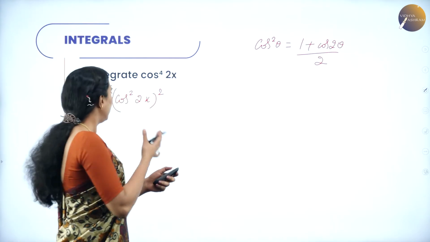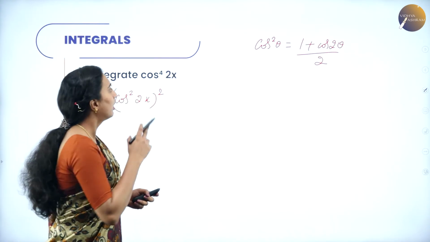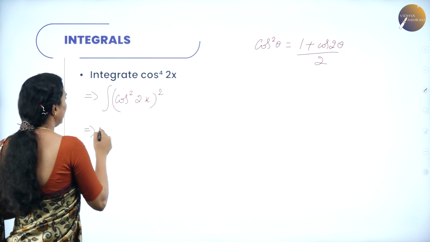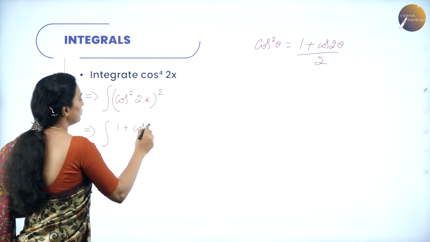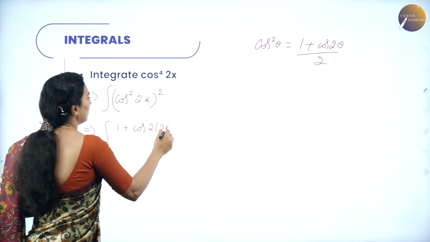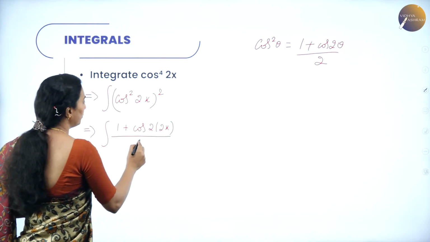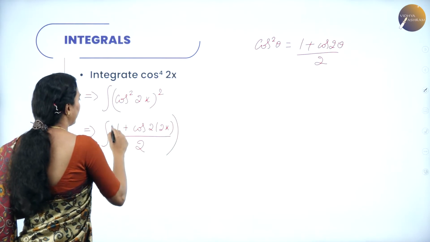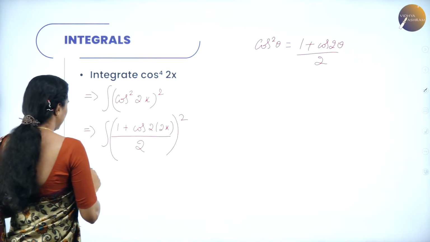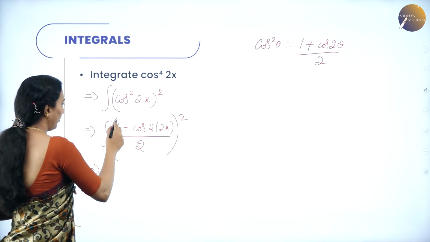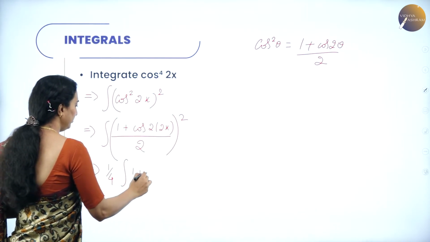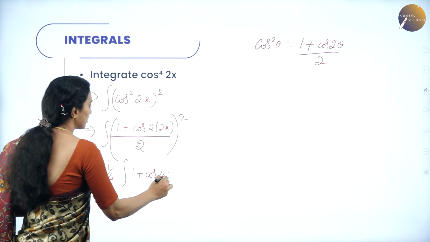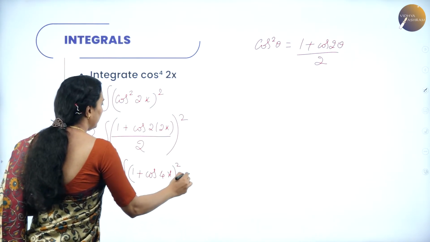Now dear students, here theta replaces 2x. Therefore you can have integral of cos squared as ((1 plus cos 2 theta) divided by 2) whole squared, right? Again separating this one, 1 by 4 will be outside, integral of (1 plus cos 4x) whole squared into dx.